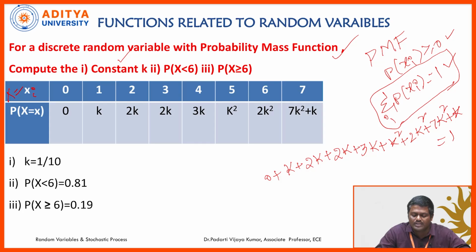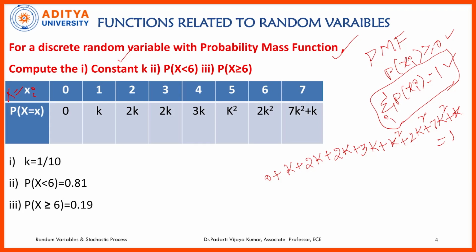So k plus 2k, 3k, 5k, 8k and 9k. And this is totally 10k square plus 9k. So we are equating it to 1: 10k square plus 9k minus 1 is equal to 0. So this is the quadratic equation we got.